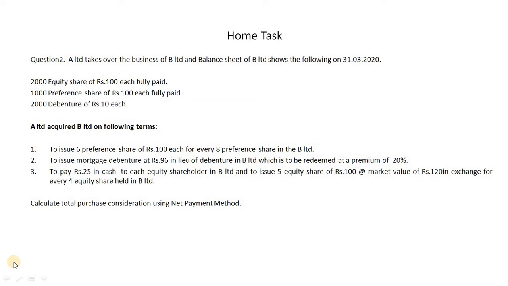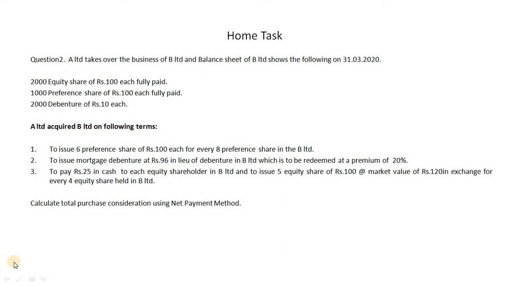So this point we have to consider while calculating purchase consideration because it talks about preference share, right? So I told you preference share and equity shares payment will be considered for calculating purchase consideration under net payment method. So now how to calculate, right? How much shares will preference shareholders of B Limited get.